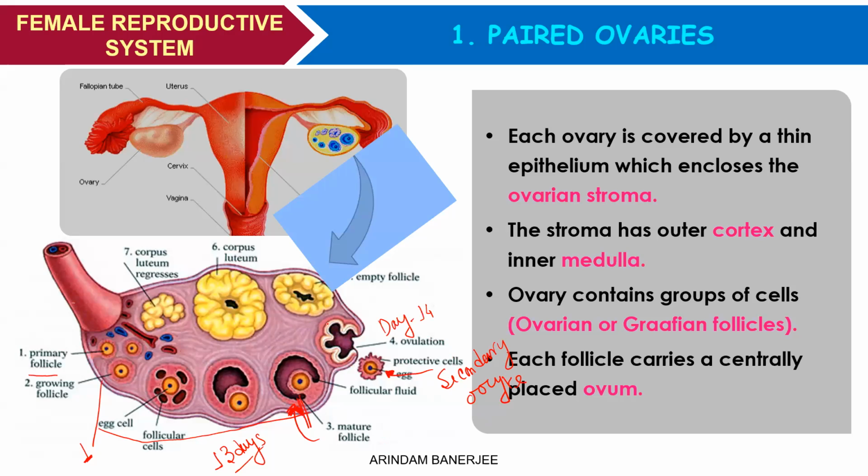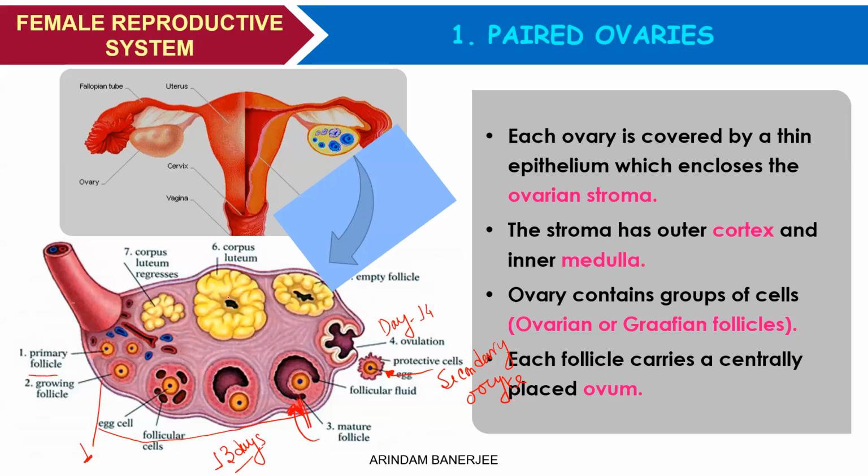The ruptured Graafian follicle looks like this, and later it will develop into just a mass of cells. This is called the corpus luteum.